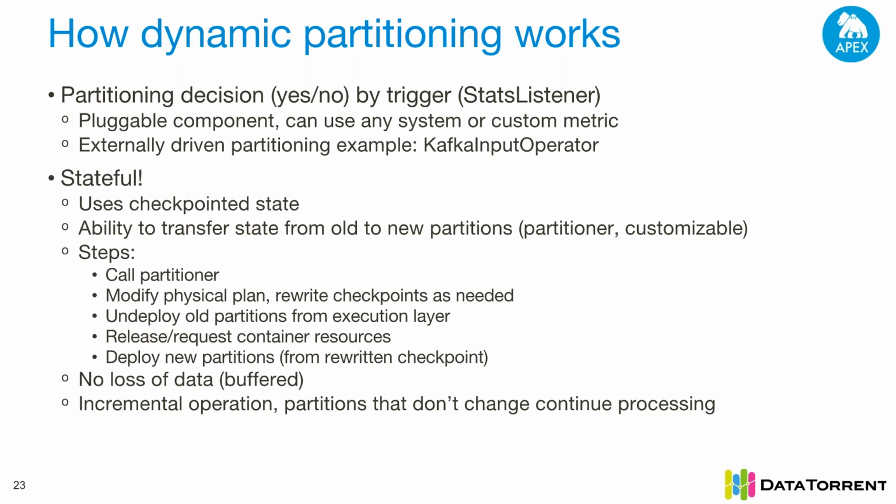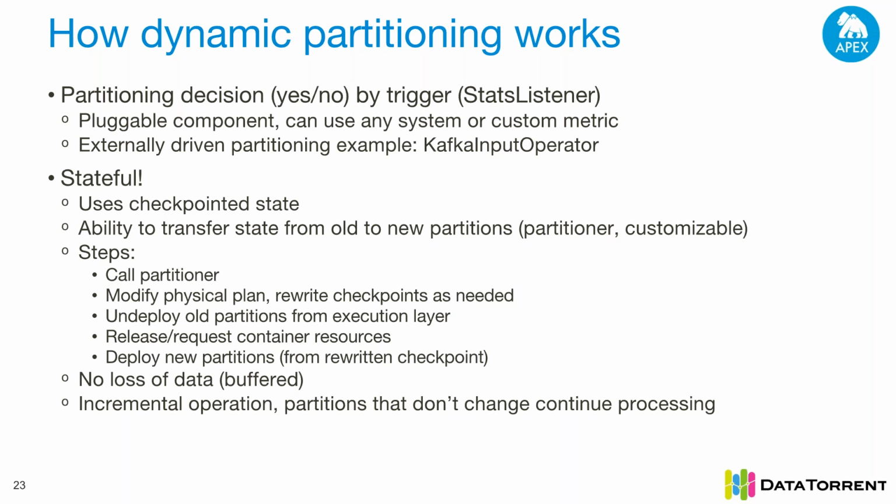The steps followed are these: the platform will call the partitioner, and it will modify the physical plan. The partitioner will decide how the new partitions will look, or how your state is distributed across the different partitions.